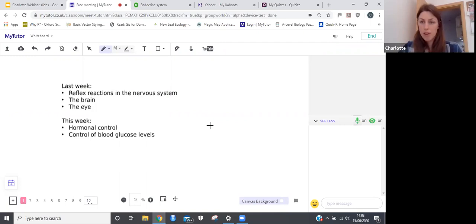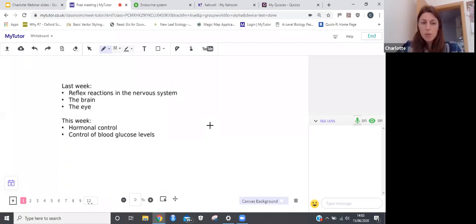We looked at the brain in its role as the coordination center for coordinating all of our nervous impulses and the messages that go around the body. And we talked about the eye as an example of a receptor: cells that detect a change in the environment and then pass that message on to the brain via our nervous system to say that something needs changing, so that we can react to changes in our external environment. So we've talked about all of those.